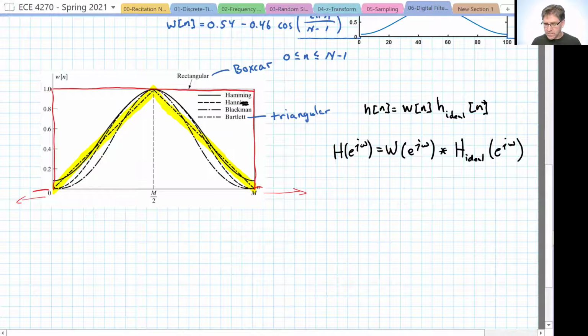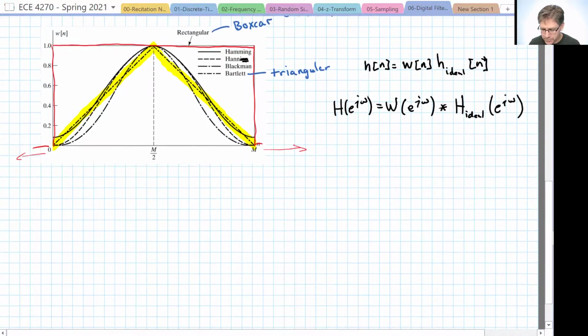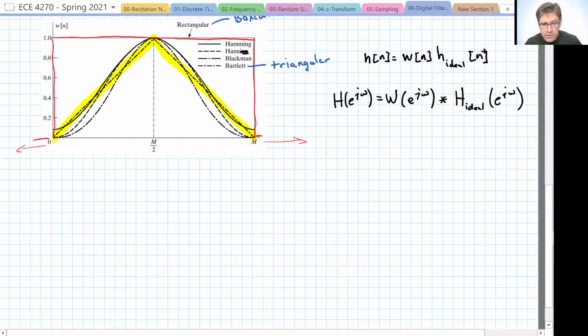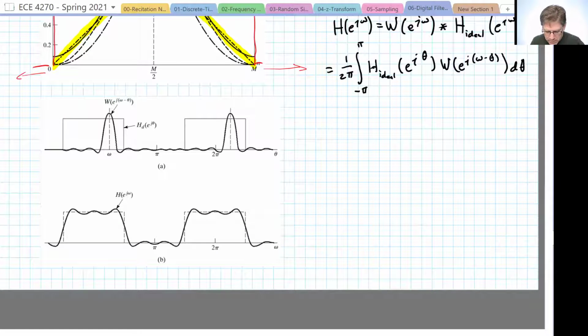Now this is a continuous convolution, so it's done with integrals, and we can visualize what goes on in this manner. So here we have an ideal filter shown. Of course, it's a DTFT, so it will be replicated in frequency. Let's just focus on the stuff over on the left.